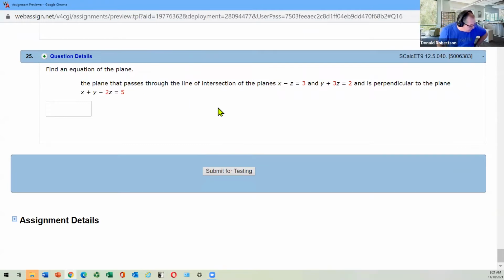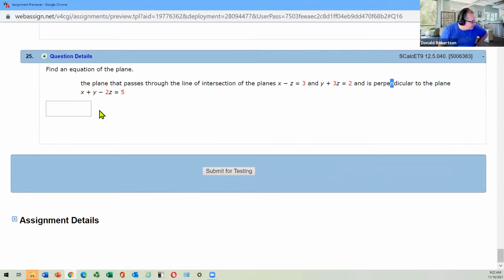So we have to find the equation of the line that's the intersection of these two. And the reason we need to find the equation of that line is that won't that line be at right angles to our normal?